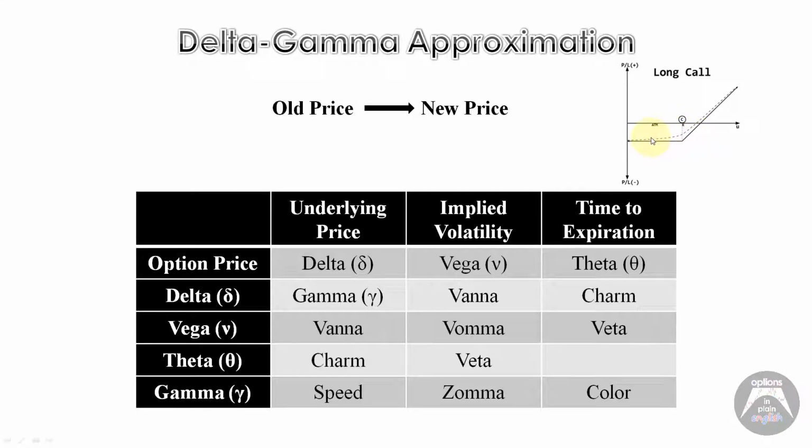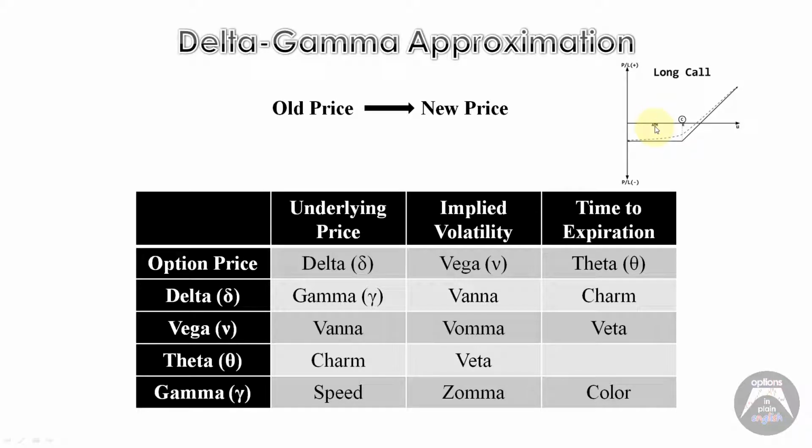Okay, so when we start analyzing this, we know that in the case of a long call, if the underlying price starts going higher and it starts getting closer to being at the money, the delta is going to give you some profits because you're long deltas, but also that delta is going to change.